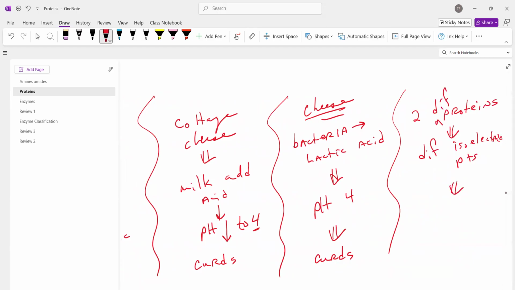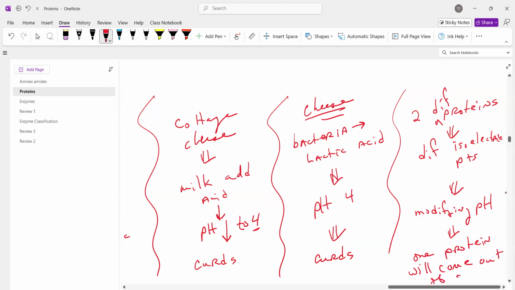So now we can manipulate which protein forms a solid and which one stays in solution by modifying the pH. By modifying the pH, one protein will come out of solution and the other will stay soluble.